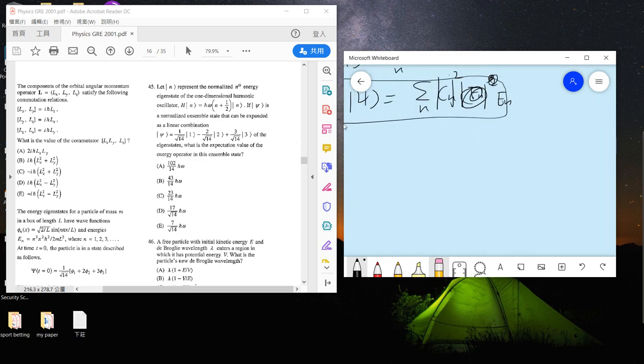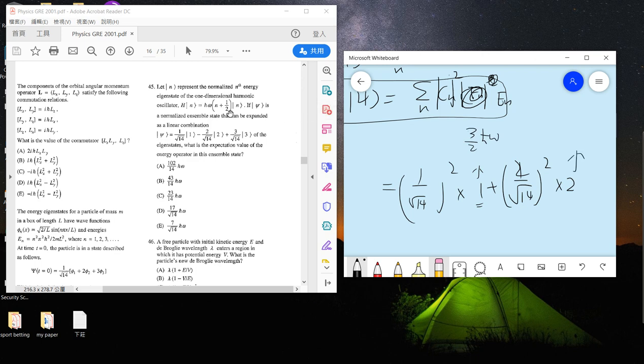So what you have is 1 over square root of 14 plus 1, 1 over square root of 2 squared plus 2. Actually, it's not 2, right? This 1 means 1 plus half. So this is this one, and this one is 2.